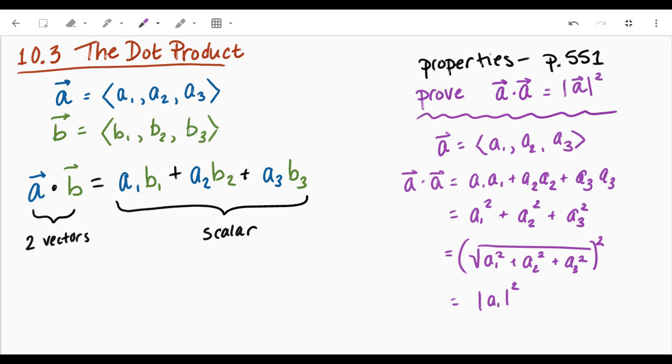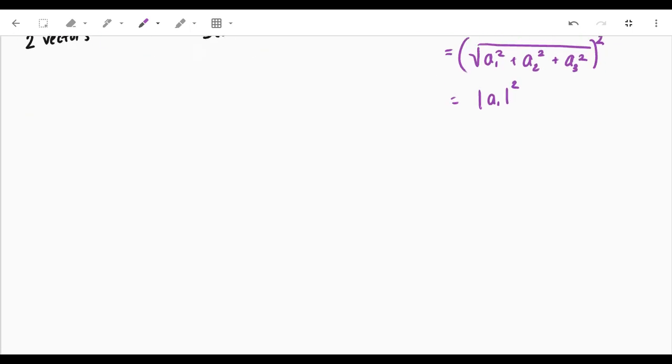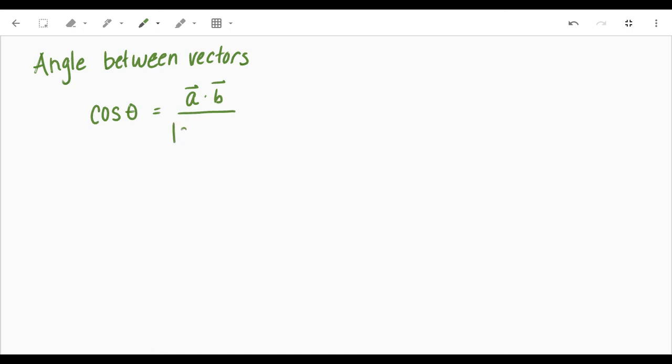Okay. The next thing that you have probably seen before also is this formula for the angle between vectors. And you will see this rearranged and written in different ways. But the cosine of theta, where theta is the angle between two vectors, is the dot product of the two vectors over the product of the magnitudes.